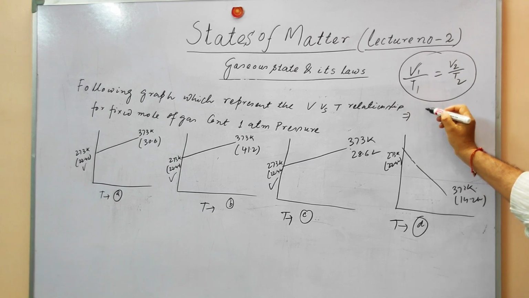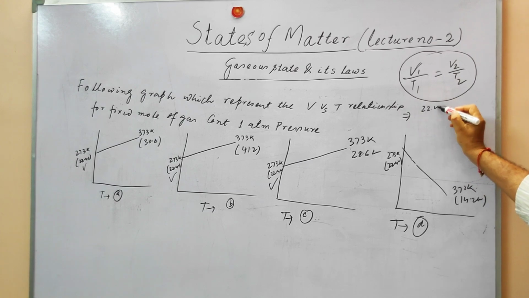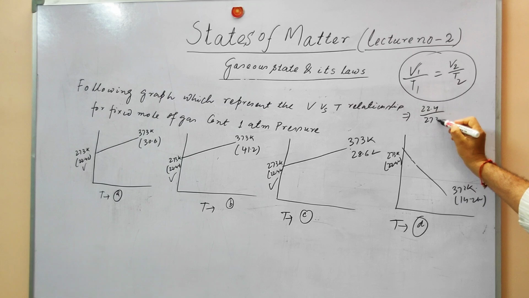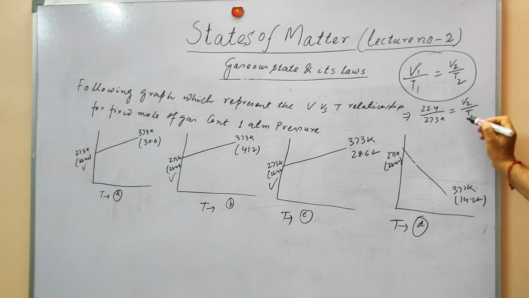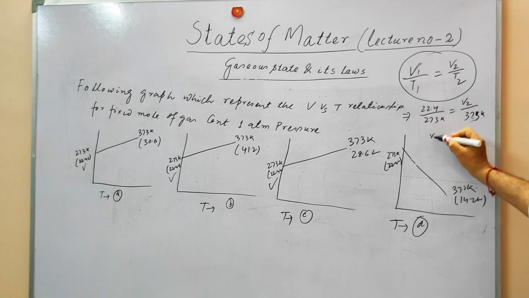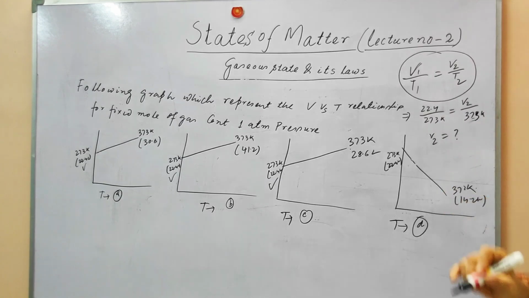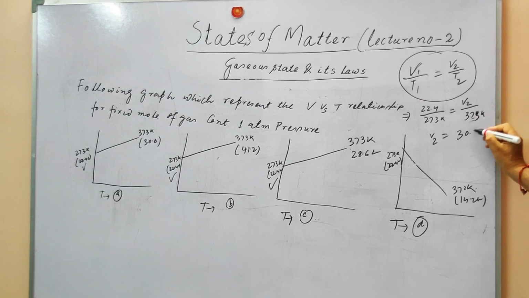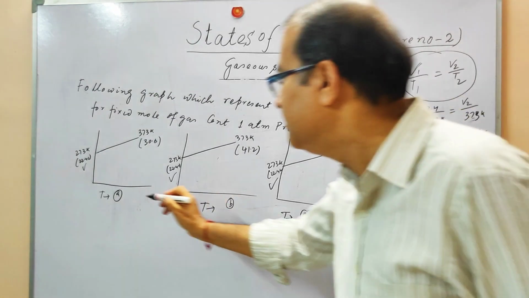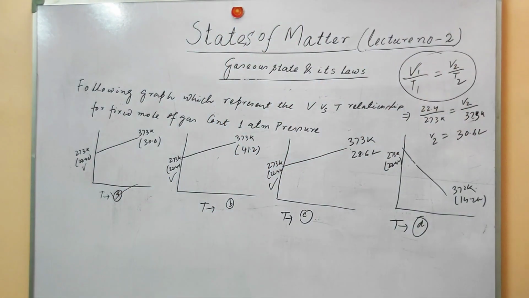So the initial is 22.4 divided by 273 Kelvin, equal to V2 by T2. T2 is given as 373 Kelvin. So you have to calculate V2, and you will find V2 will be 30.6 liter. This means A is the correct answer.